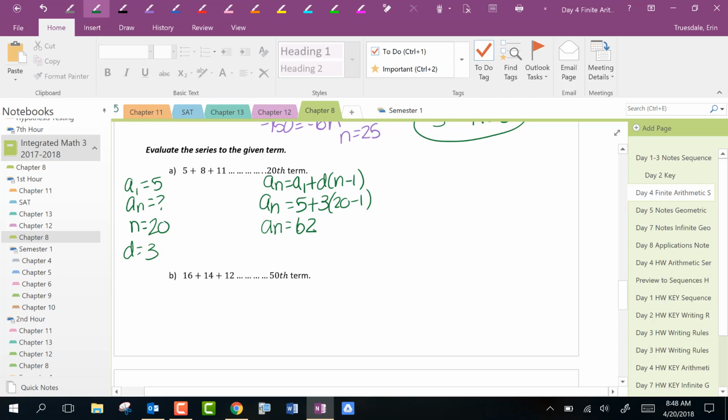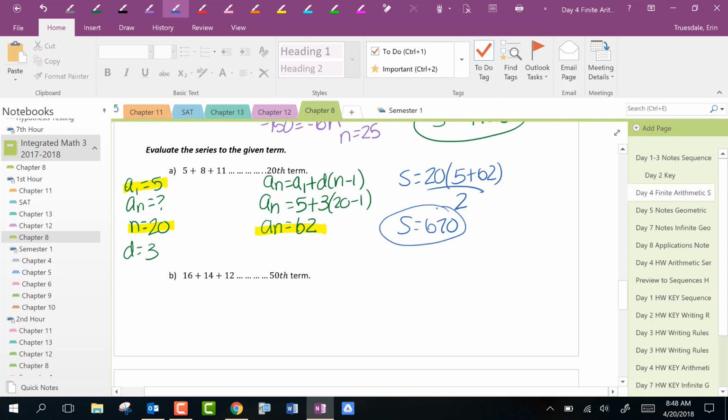Okay, now I have A1, I have N, and I have AN. Do I have enough to plug into the sum? Yeah, so I have N was 20, and then A1 plus AN divided by 2. So that would be 67 times 10, so 670.